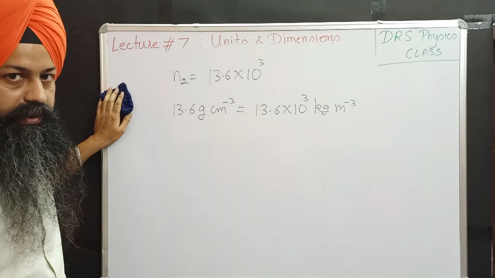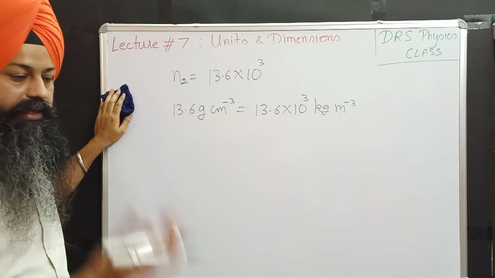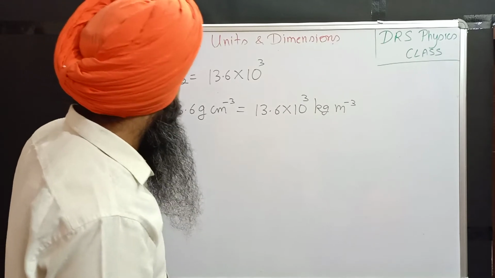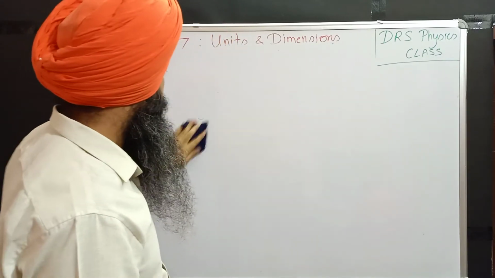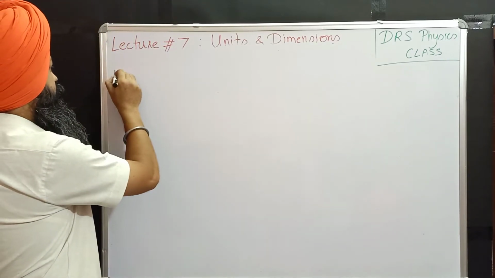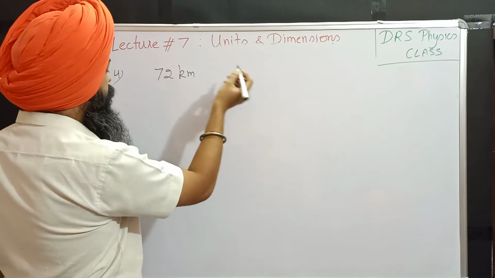There can be some examples in velocity also, where we have to convert from kilometer per hour to meter per second. So let us try that example also. Say that you're given this, let me fourth problem, 72 kilometer per hour.